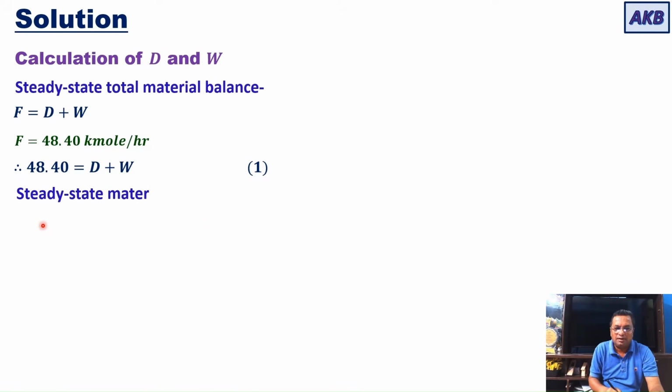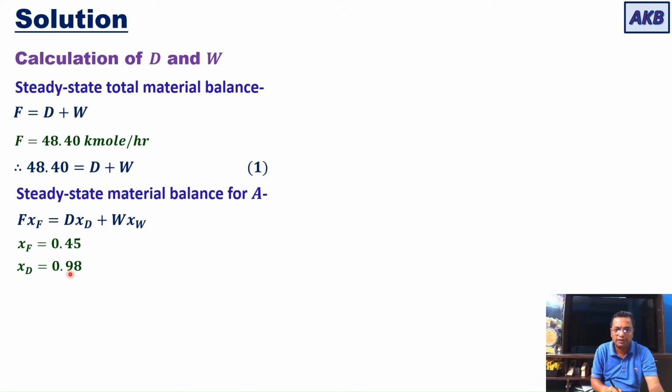Then I will be using the steady state material balance for A, the more volatile component. This will be written like this: F into XF is equal to D into XD plus W into XW. F is known, 48.40, XF is known, 0.45, XD is known, it is 0.98, and XW is also known, it is 0.02.